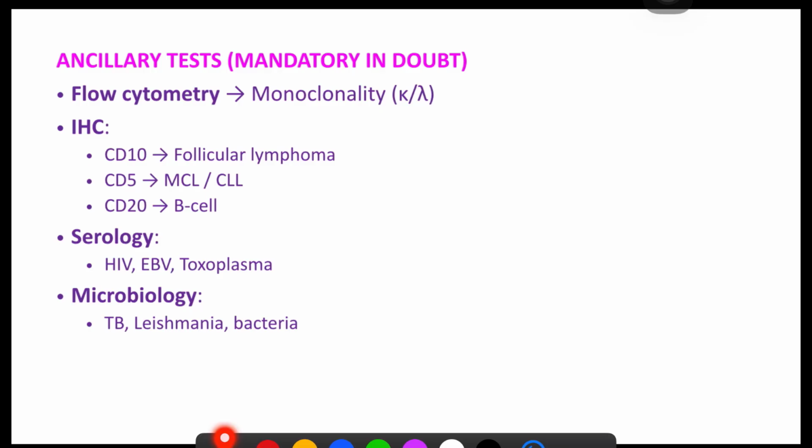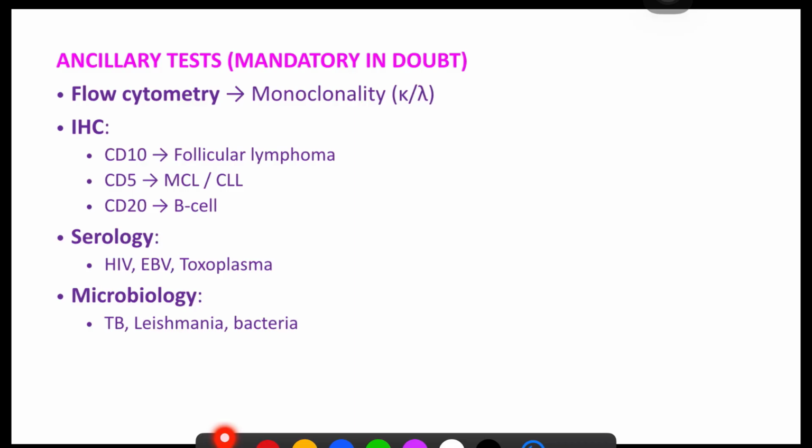So, to summarize, we have to think first what is the pattern, what are the clinical signs and symptoms, and then think of ancillary tests to go for diagnosis. So remember, polymorphous pattern usually means reactive, but never assume it, it must be proven.